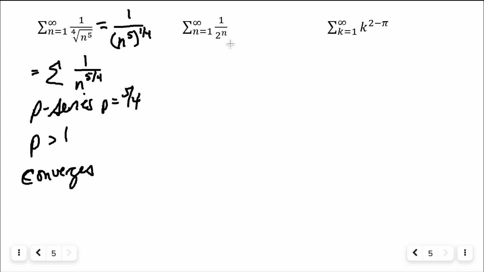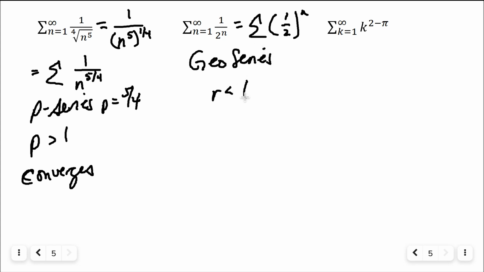Here we have 1 over 2 to the n. Well, wait, this is like backward, right? It's supposed to be, p-series is n to a numeric power. This is a number to a variable power. So that can be rewritten like this. This is a geometric series, right? R is between -1 and 1. So this converges, but it converges by the geometric series test.